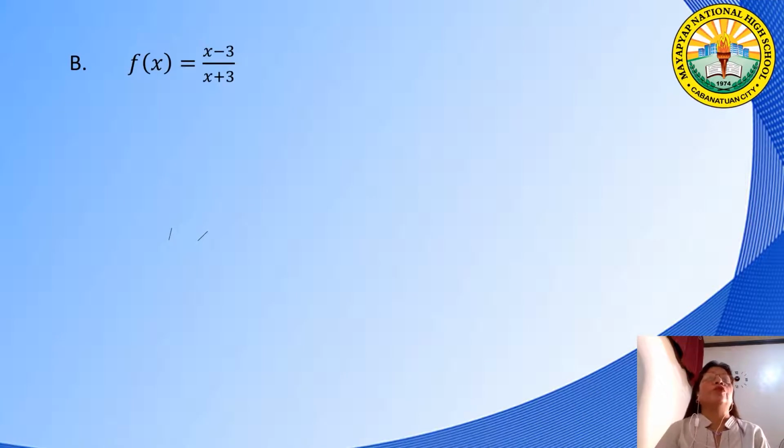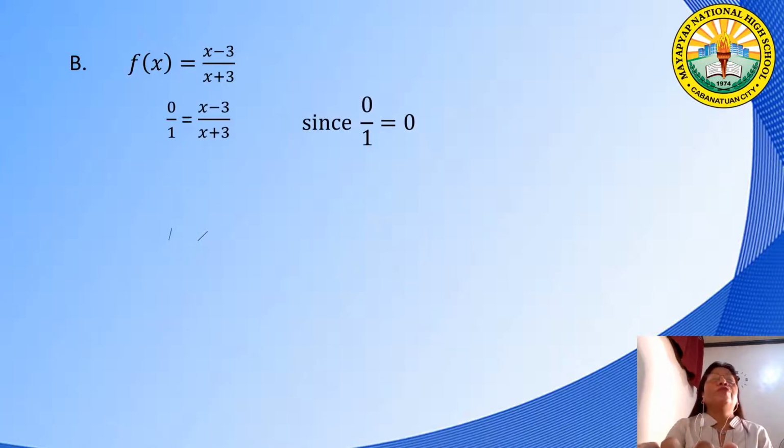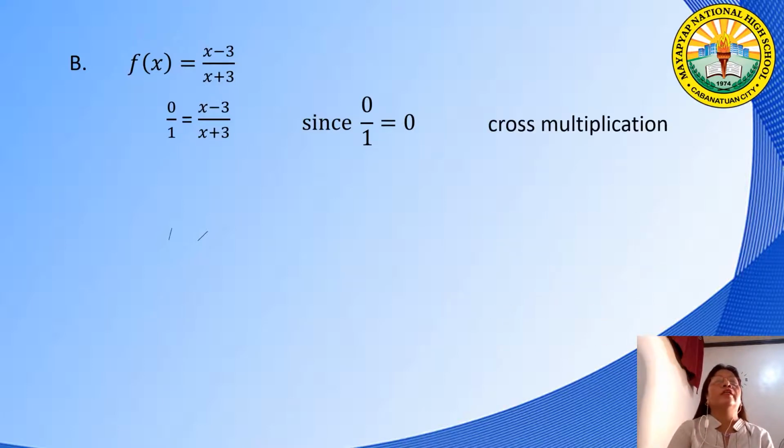Another example, f of x equals x minus 3 over x plus 3. Since 0/1 equals 0, your 0/1 should be replaced by f of x, or f of x equals y. So 0/1 equals x minus 3 over x plus 3.